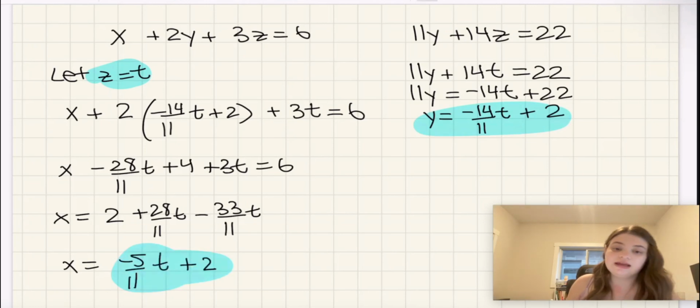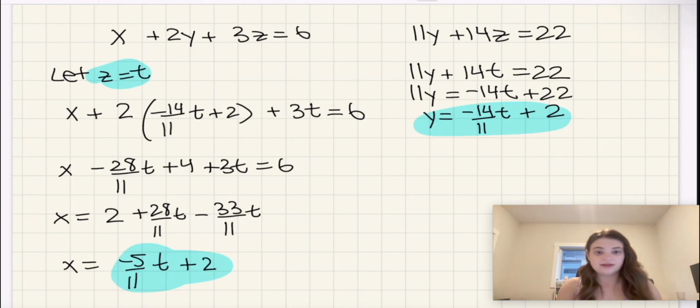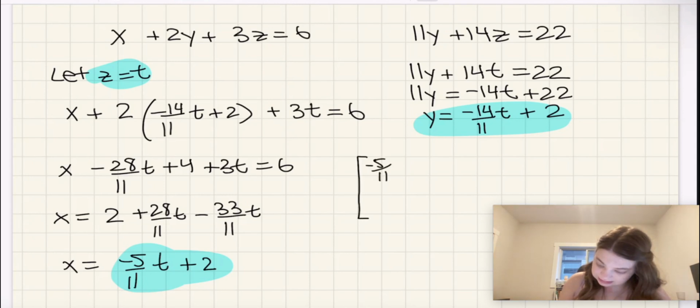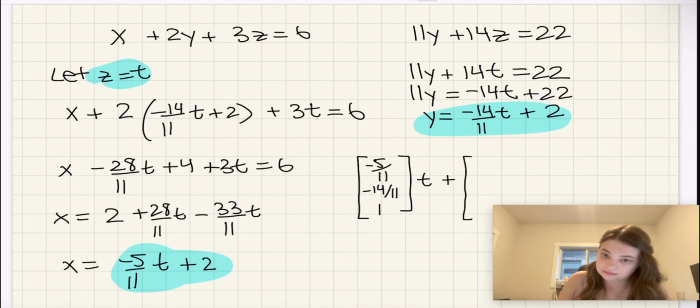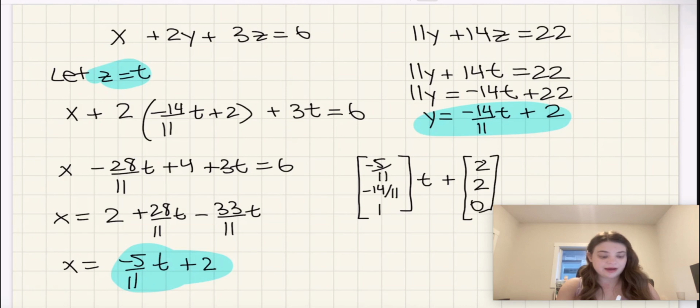And if we want to write that in the proper format, we could write it as the fact that the answer is going to be negative 5 over 11 for x, negative 14 over 11 for y, and then 1 for z, times t, plus, for x, it's going to be 2 for the constant. For y, it's also 2. And for z, it's 0.